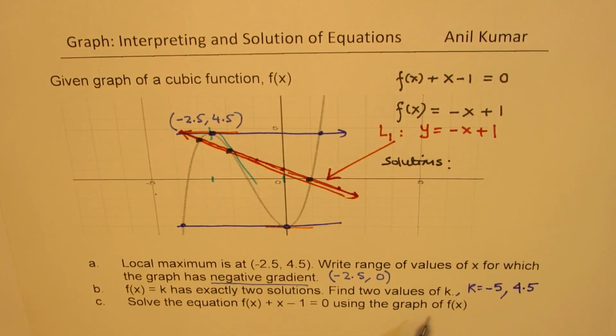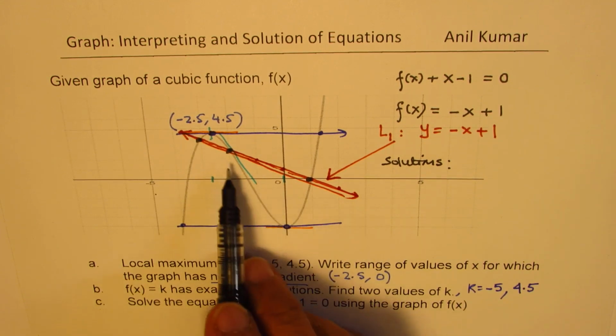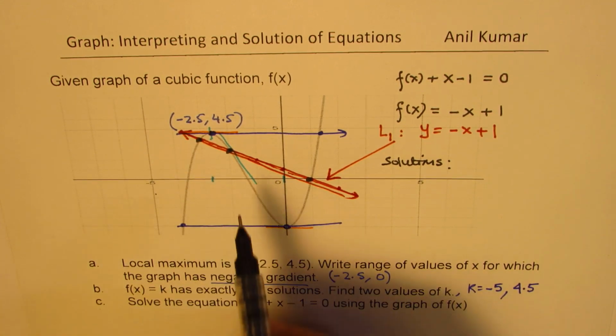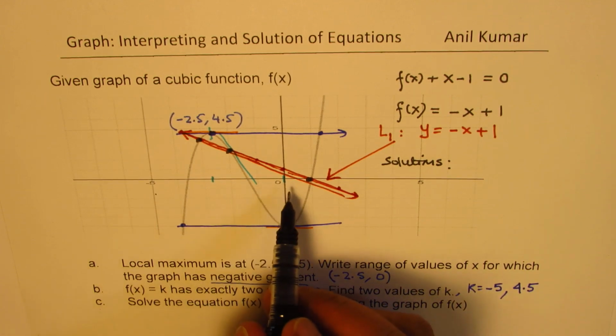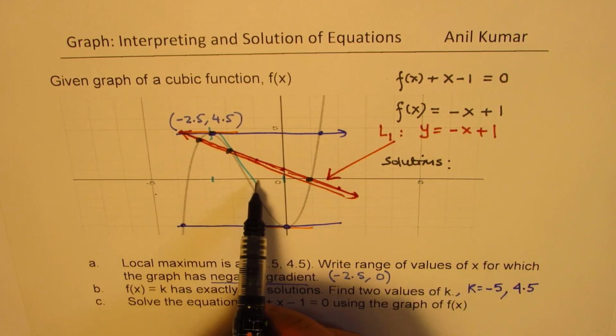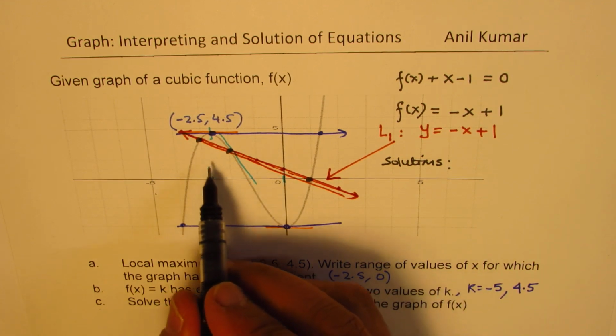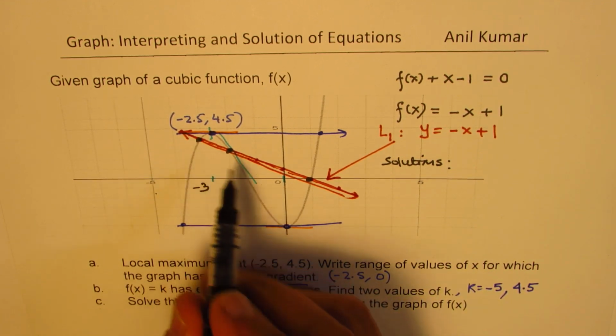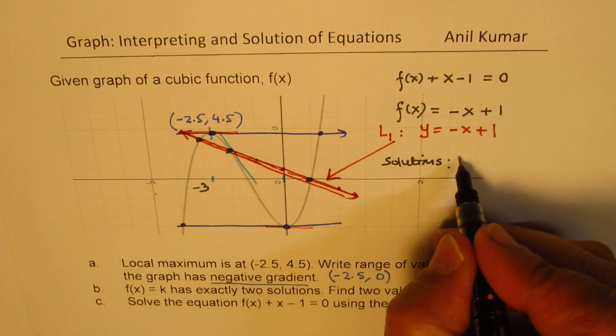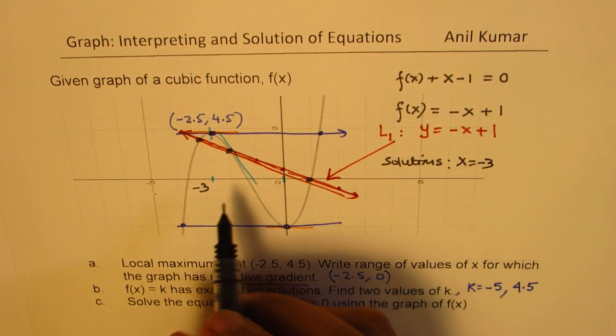Solve this equation using the graph. So the points of intersection are the solutions. Here we have a value, this is minus 1, minus 2, minus 3. So we'll assume this to be at x equals minus 3.